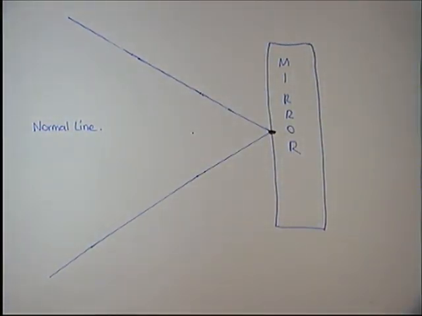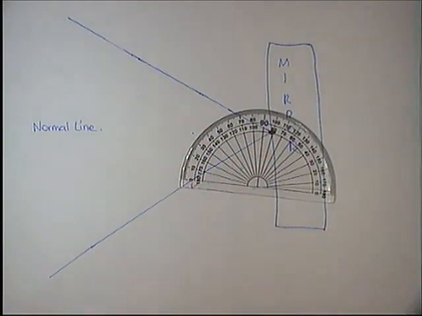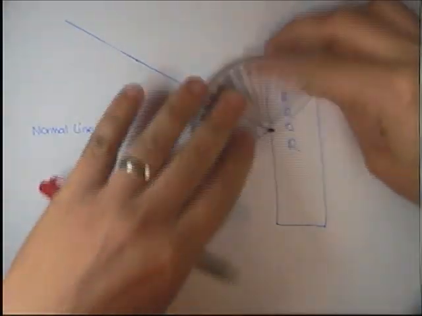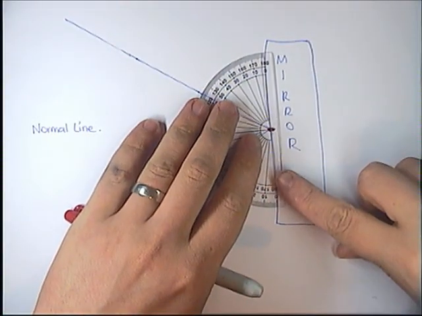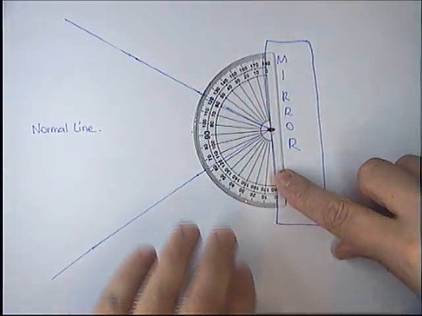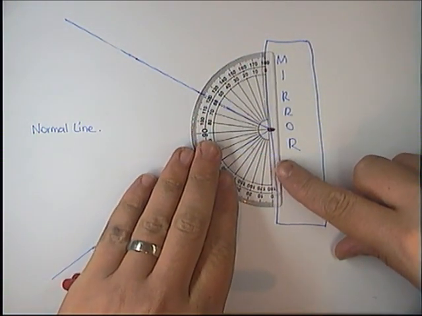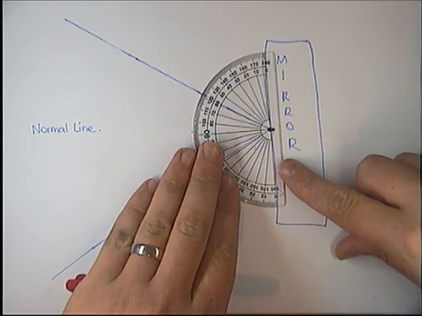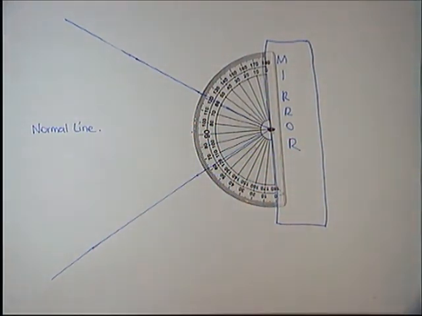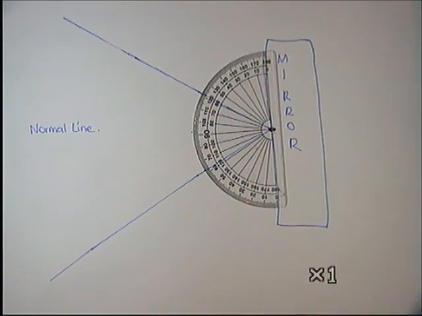Now the normal line is drawn at 90 degrees to the mirror, so to do that I will need my protractor. I place it so the cross of the protractor is where my two rays of light touch the mirror. So this is where the cross of my protractor is. I'll just see if I can zoom in.